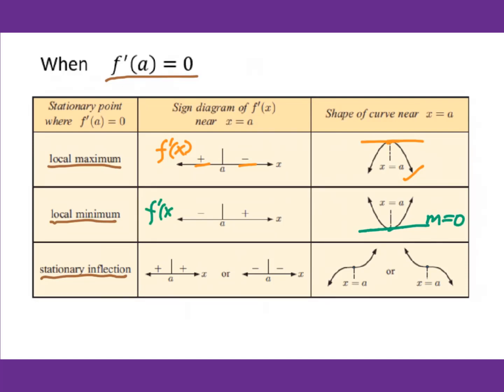And the first derivative of f of x has a sign change from negative to positive at A. For stationary inflection, we know that the first derivative of f at A equals 0, and also the second derivative at A equals 0 too. Then for the first derivative, there's no sign change at A.